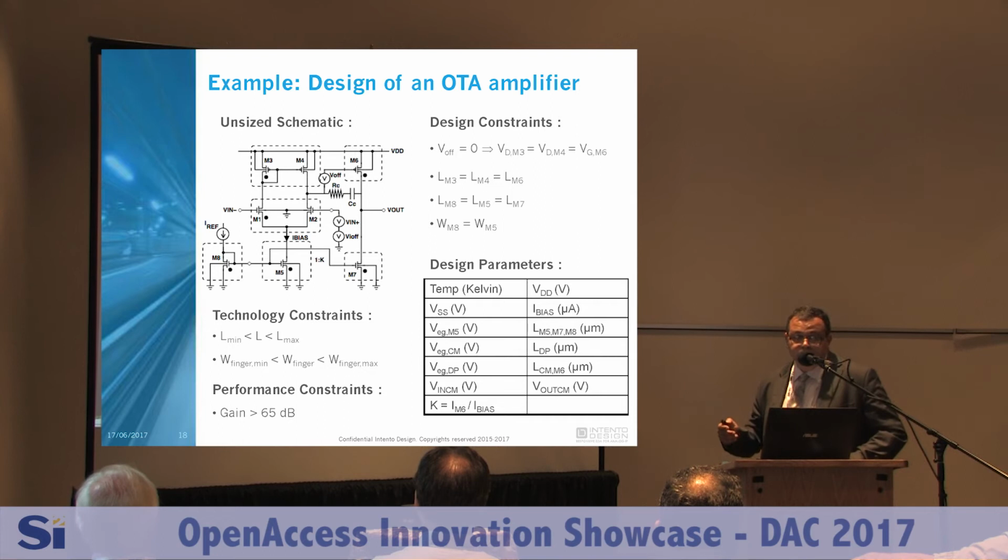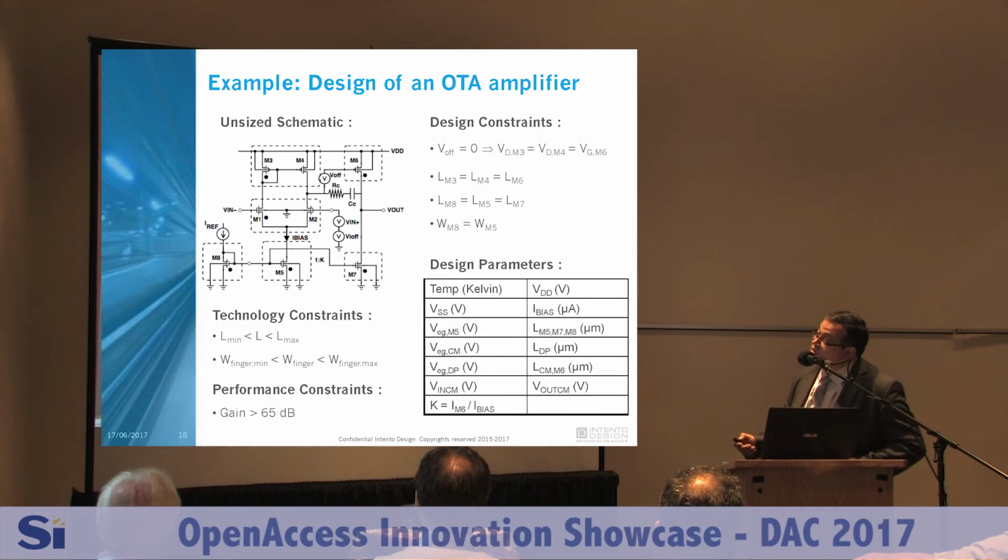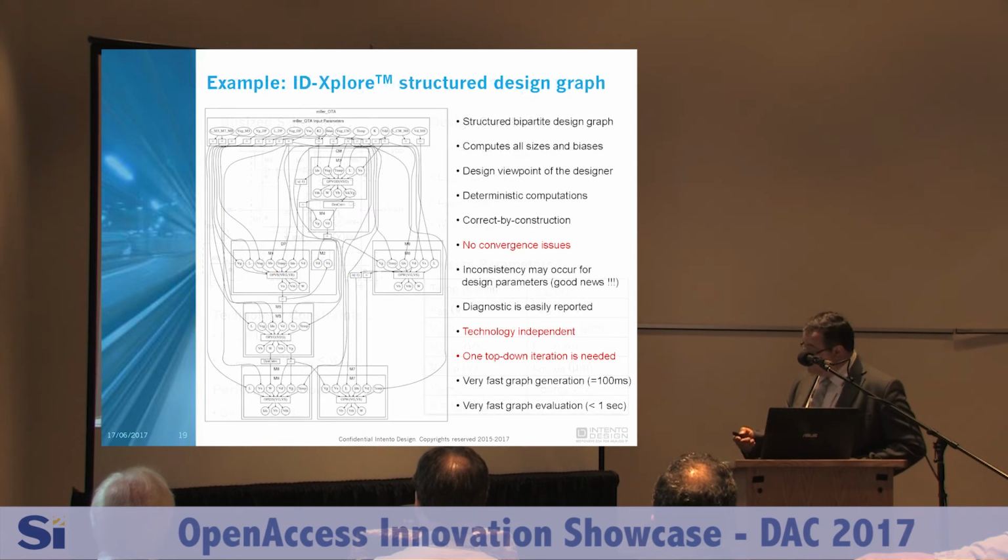each transistor. We take this, we have a very intelligent tool that takes this and constructs this graph in memory. It's a very simple graph, but it shows exactly how the designer would do it by hand. I will explain. The designer here will try to size M3, followed by M1, followed by M5, followed by M8. And this is what we should get from our tool.